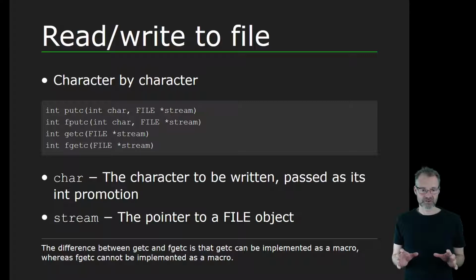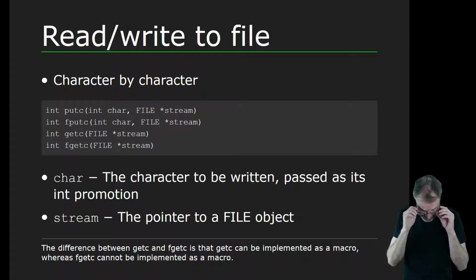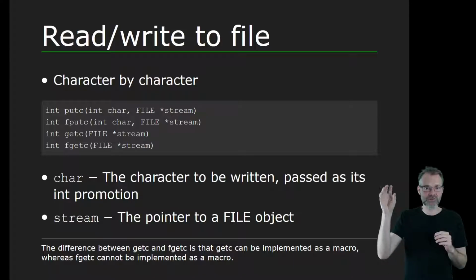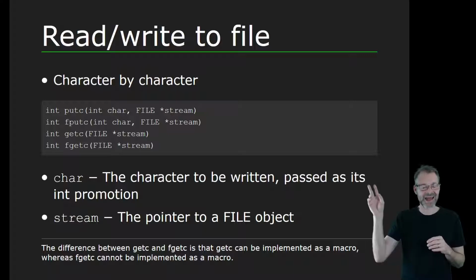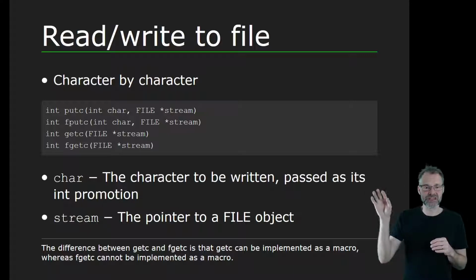So let's see how we can write and read to and from the file, and let's start with character by character. We basically have two functions to do this: one for putting the character into the stream and one for reading the character from the stream, or file if you wish. I have listed here putc and fputc, and also getc and fgetc.